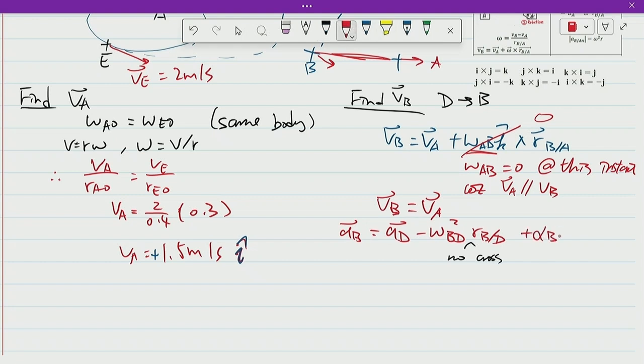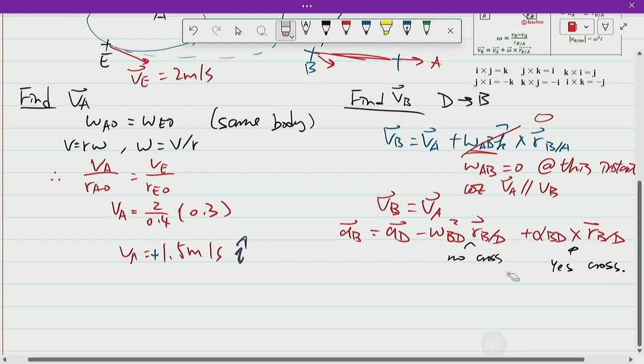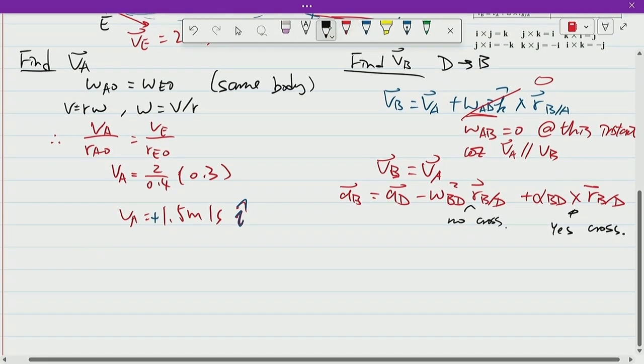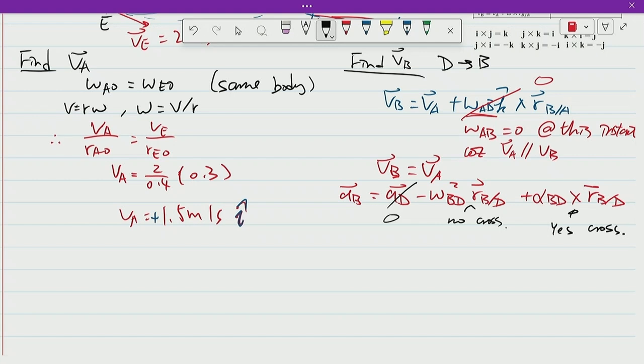Plus alpha BD cross RB relative to D. Yes, cross product. Point D is the pin. We know it's not going anywhere, so AD is 0.